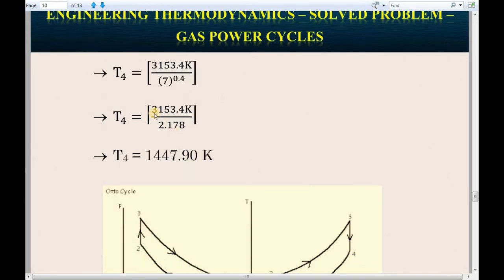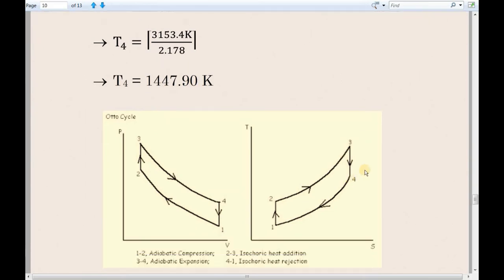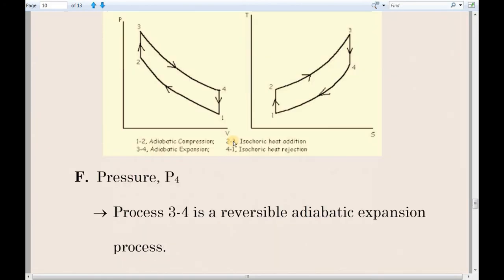In this RHS, 3153.4 Kelvin divided by 2.178 is 1447.90 Kelvin. So T4 is equal to 1447.90 Kelvin, which means the temperature at the end of adiabatic expansion process 3 to 4 is 1447.90 Kelvin.